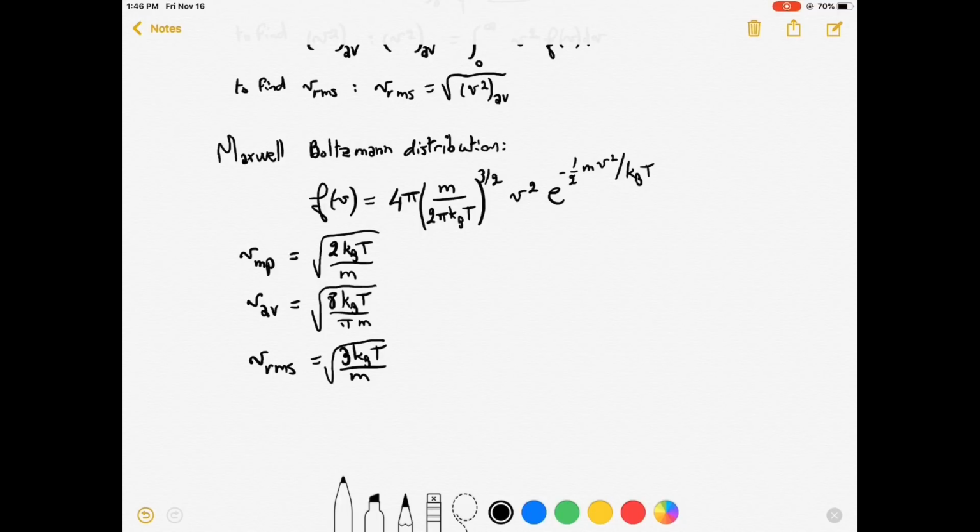And this is the same result as obtained before. And again you see that the average velocity and the RMS speed are not the same.